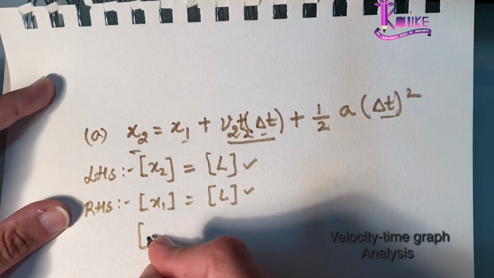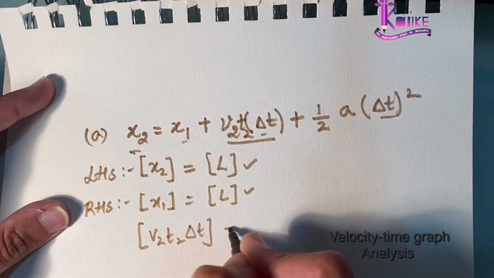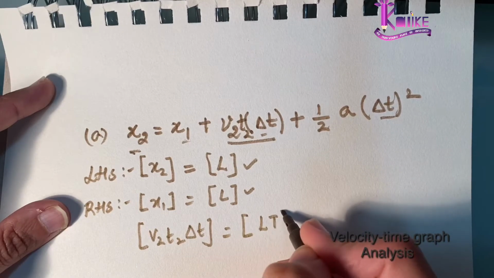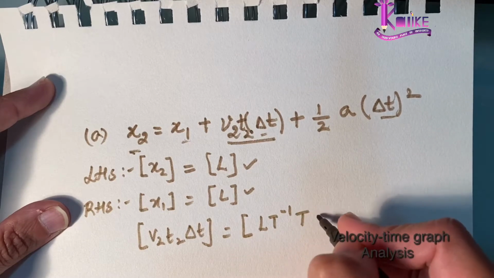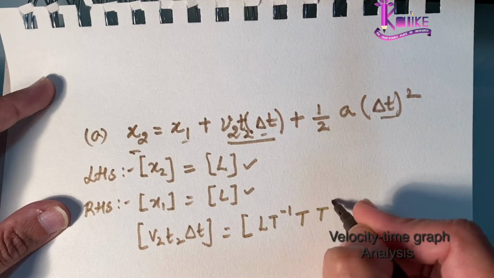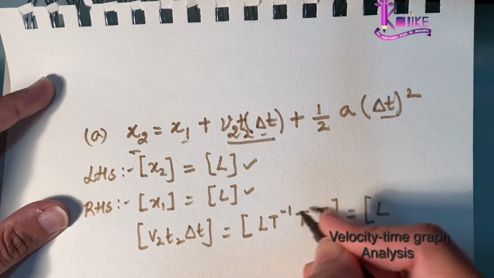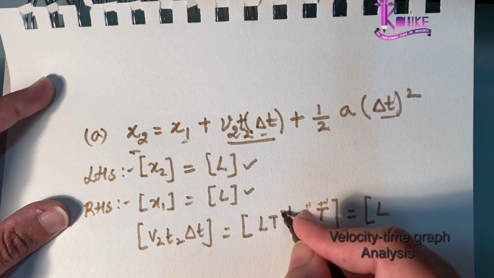That's good. Now if I take v2 t2 into delta t, velocity has a dimension of length, time minus 1. Time can be written as t, and delta t is again t. So this is L, t minus 1, and you have plus 1 and plus 1 here, so this becomes plus 2, plus 2 minus 1.